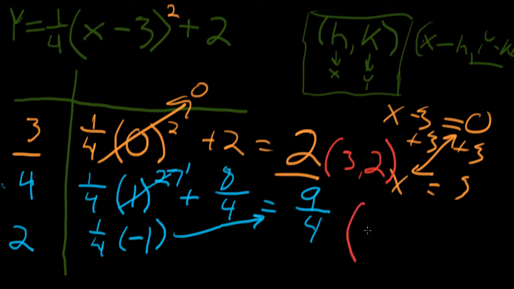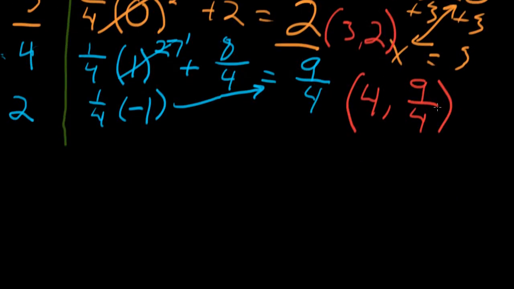So that gives me my second point, 4, 9/4, and its component point of 2, 9/4. So the 9/4 part is the same. The 1 and 2 are different.